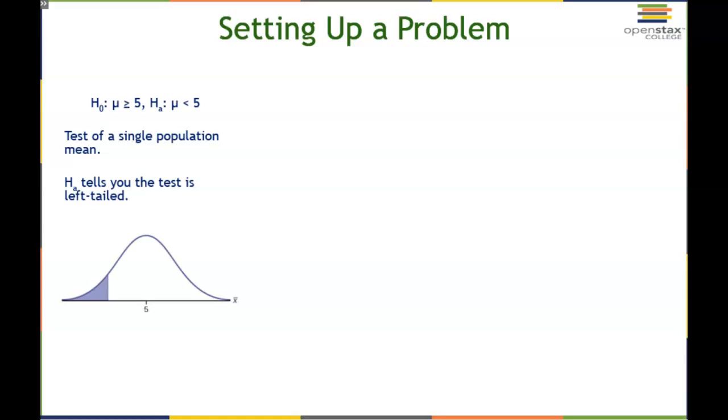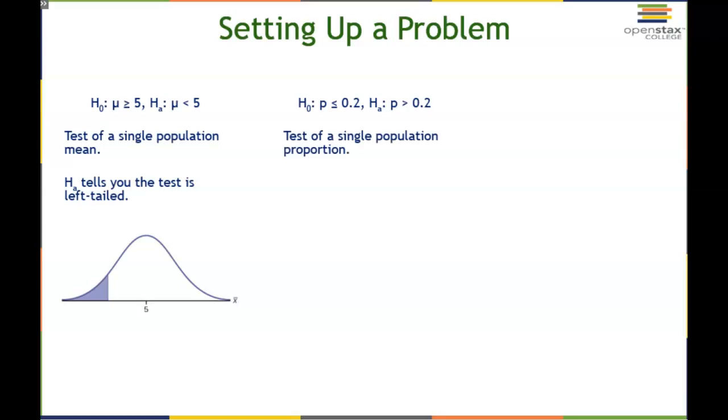So I can kind of sketch out what my graph will look like. By that small bit of information, we know that it's a test of a single population mean. HA tells us it's left-tailed, and we can sketch a graph using 5 as our mean. What about H0, where p is less than or equal to 0.2, and HA, p is greater than 0.2? Well, here we're not dealing with mu anymore, we're dealing with p, meaning a proportion.